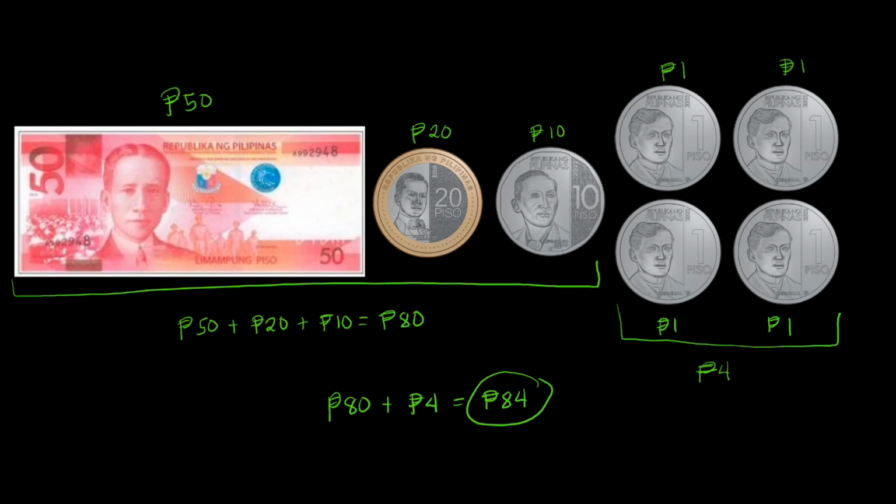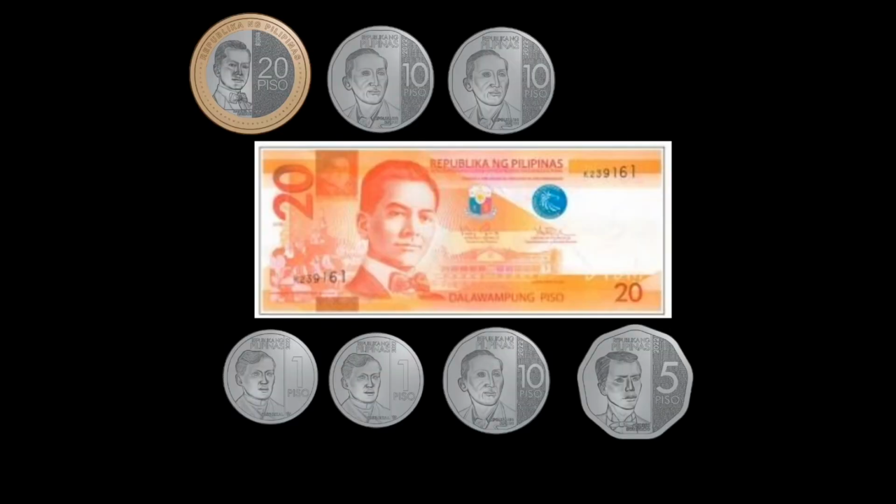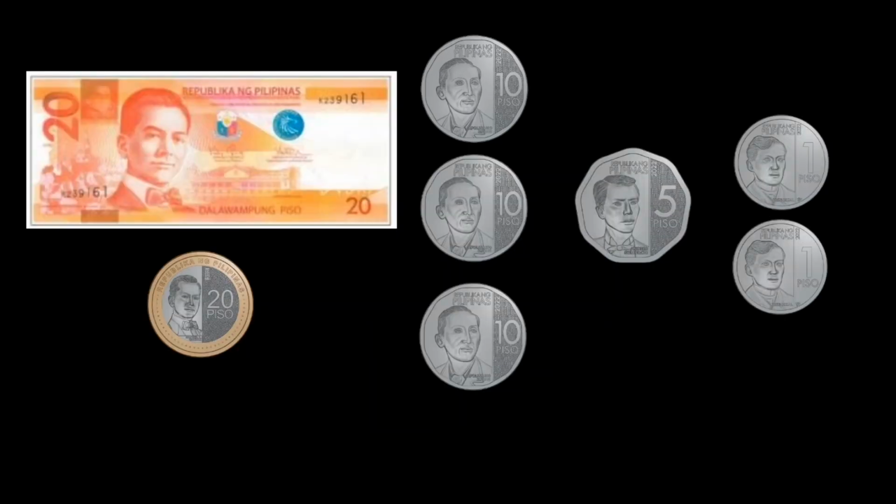Let's have another example. What about this set of coins and bills? What do you think would be the total value of this money? Alright, before we get the total value of this money, we have to rearrange first according to same denominations. So, we have already arranged the bills and coins according to the same denominations.